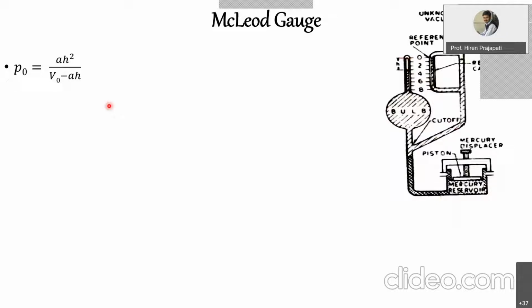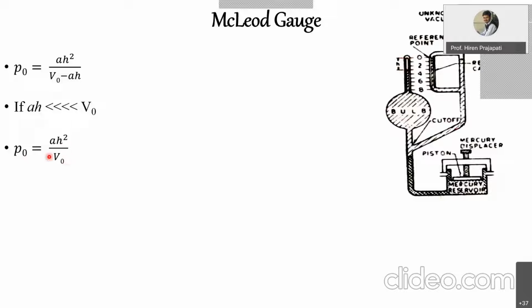Now as you look, A into H, the volume of the measuring capillary, is very small compared to the volume of the bulb, right? So we can say V0 minus AH is approximately equal to V0. So P0 is equal to AH square by V0.